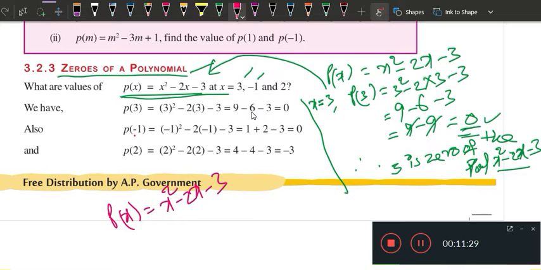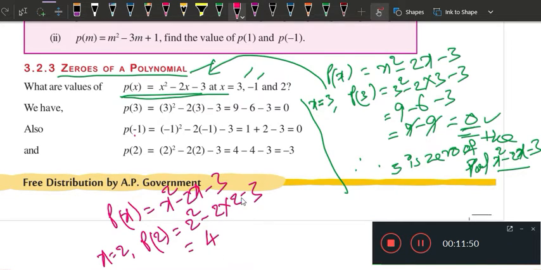Suppose x equal to 2, then p of 2 equals 2 square minus 2 into 2 minus 3. 2 square means 4, minus 2 into 2 is minus 4, minus 3. Okay children, plus 4 and minus 4 cancel, then we get minus 3.